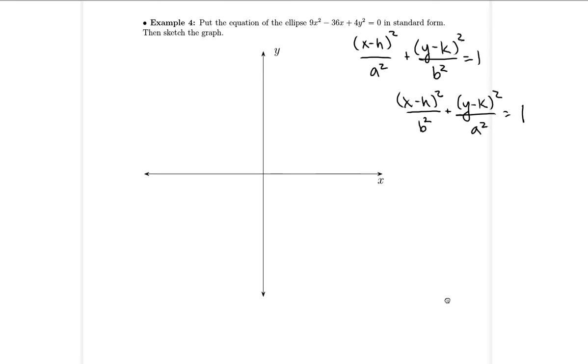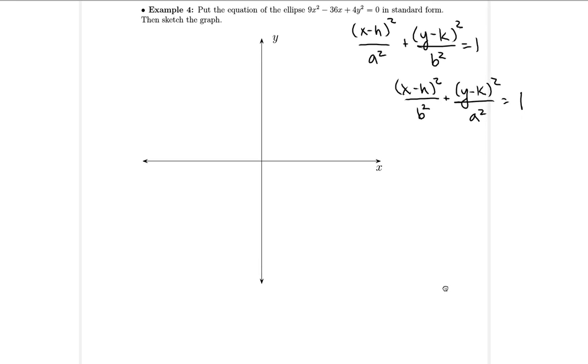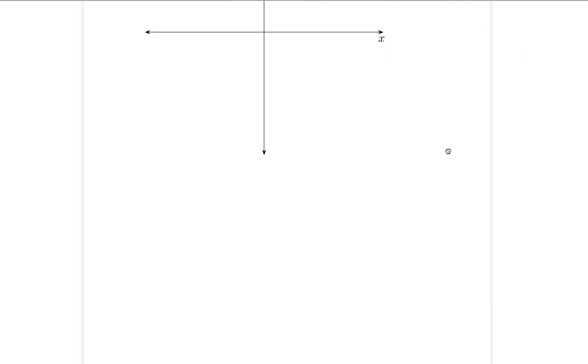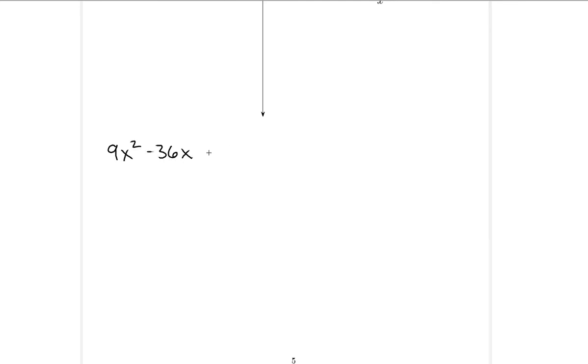Well, remember with circles, what we did was we began by putting the x's together and putting the y's together. So we'll start by rewriting this as 9x squared minus 36x plus 4y squared is equal to 0.